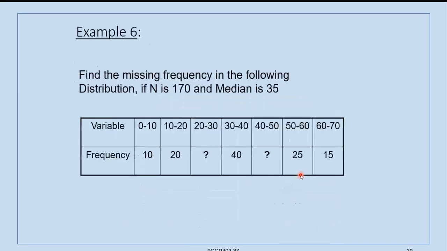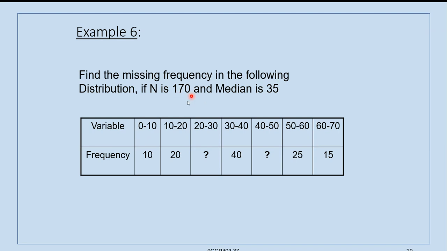Since in the problem we are given that the median is 35, that means the median is falling in this class. So the median class is this one. This is the lower limit, this is f, this is cf, this is i, and the median is equal to 35.